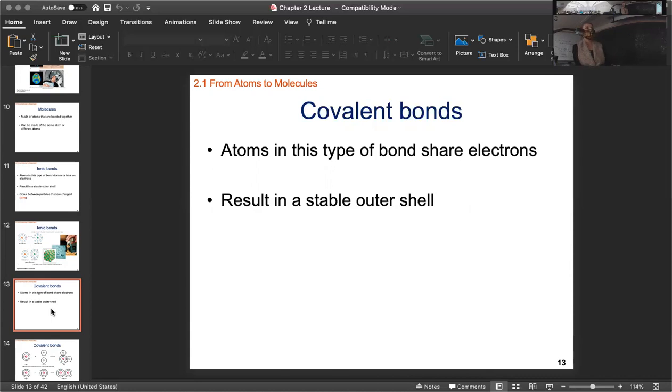Atoms in this type of bond share electrons. I think of it like the word co, meaning share. You can think of it like your co-worker, someone you work with at work. Has anybody ever heard that? My co-worker that I work with at work.